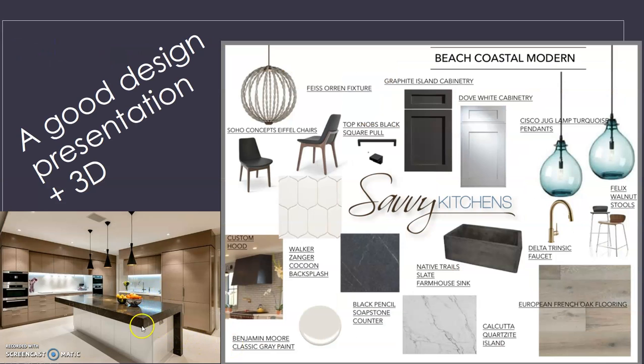Some stores, or you can use SketchUp, to do the 3D or a presentation like this. It helps you to lay out and have a better imagination of what your kitchen is going to look like before you pick your style. But you have to look and train your eye to see what will be nice with what items. I'm going to talk about this in more detail in the next video.